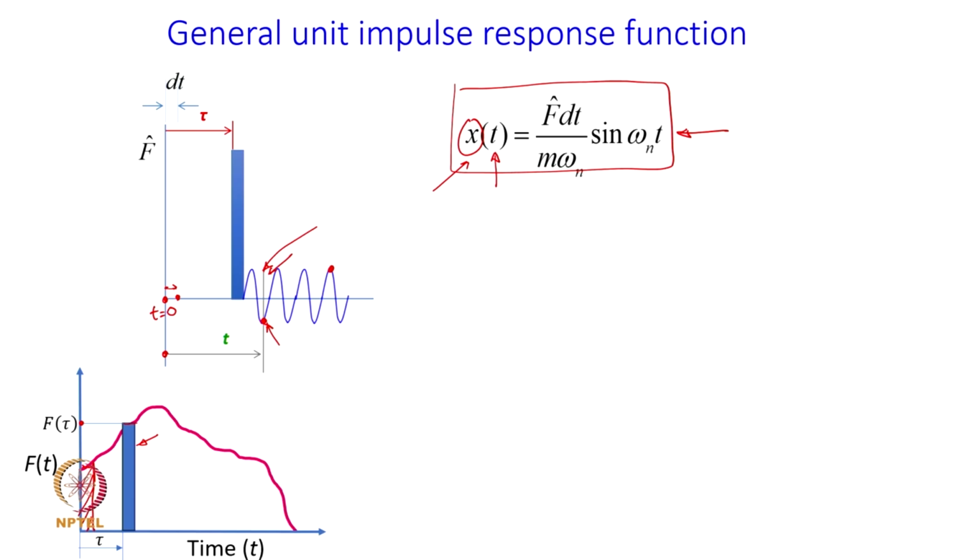So, what we would like to do now is to account for the position of the impulse at a later time tau by shifting the time scale.